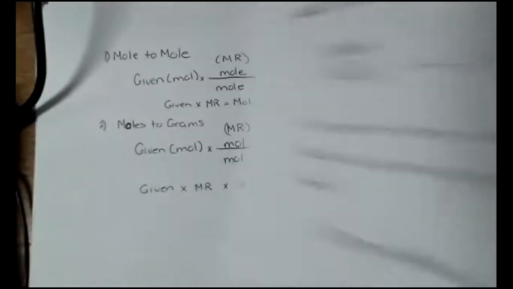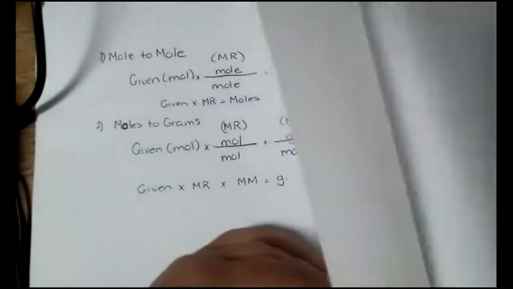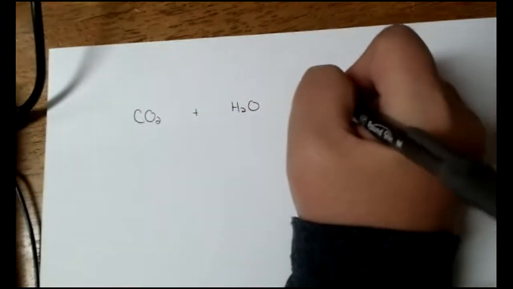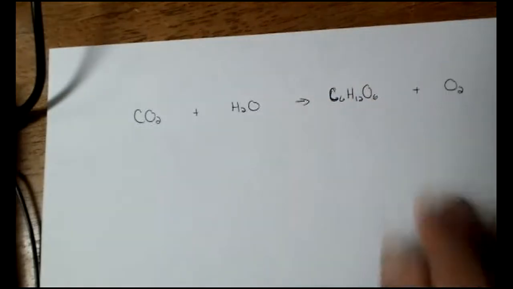So let's work one more of a mole to gram, and then we'll look at the next type, gram to mole. So I want to go back to our photosynthesis problem that we did last time. So we have CO2 plus H2O yields glucose and oxygen.